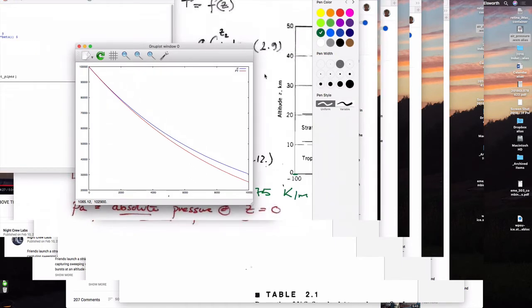On the bottom, you have sea level to 10 kilometers. At sea level, we're at 101 kPa, actually 100 in this expression. And as we go up, we get progressively lower and lower pressure. So by the time we get up to 10 kilometers, for the uncorrected case, we are at 30 kilopascals.